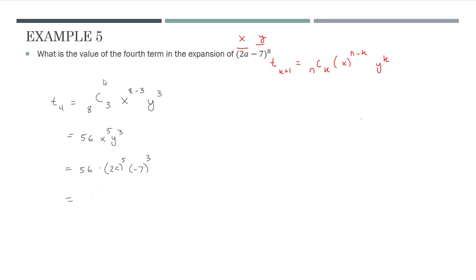So if we simplify this, we get 56 times 32a to the power of 5 times negative 343. Multiply all the constants, and you get negative 614,656 a to the power of 5. So much, much quicker the second time.